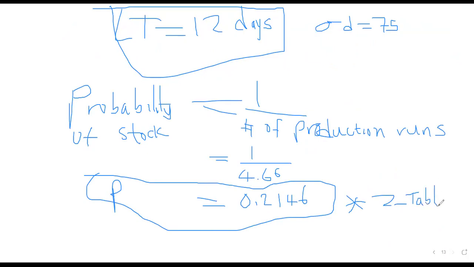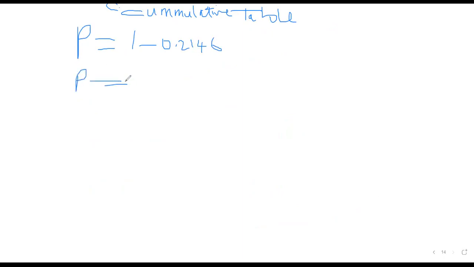Now, in the case where you're using the cumulative tables that they usually give, you simply say 1 minus the probability of stock out, 0.2146, meaning that the service level of this company will be 1 minus 0.2146.